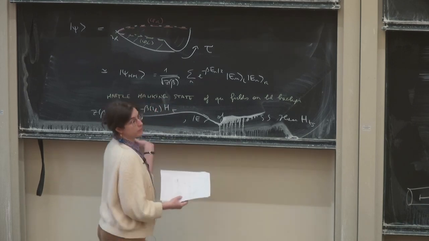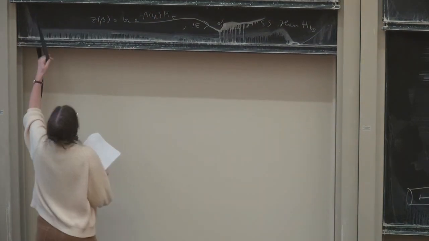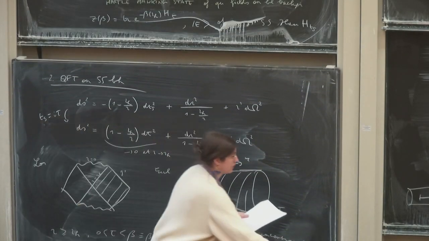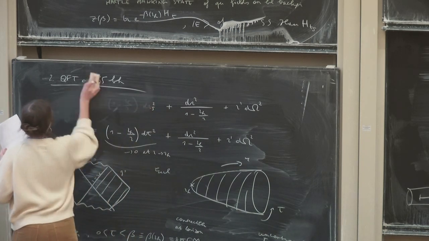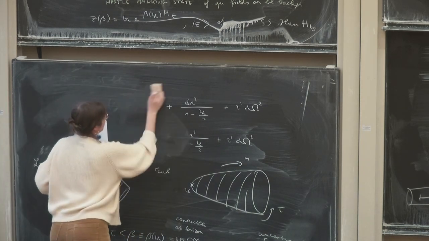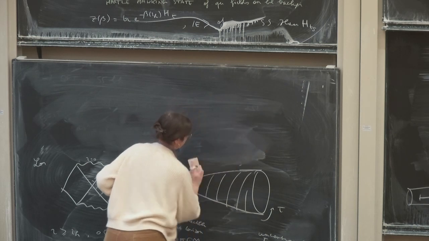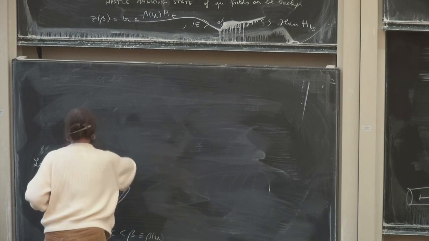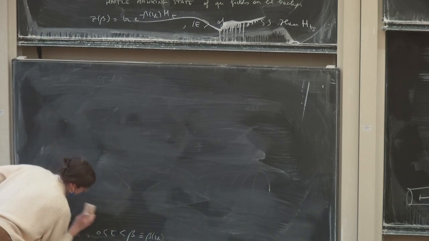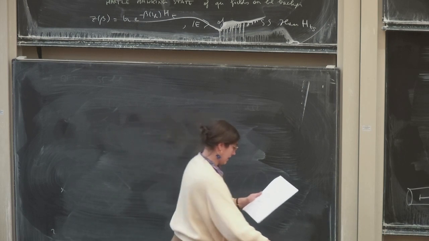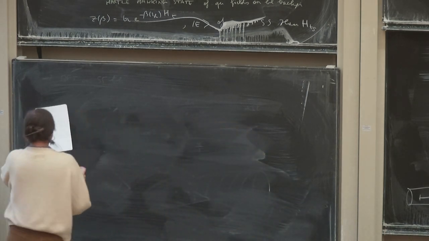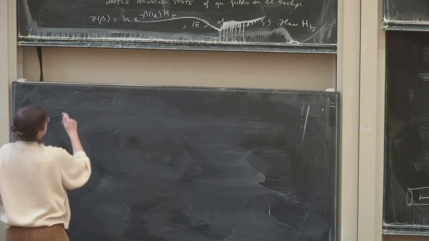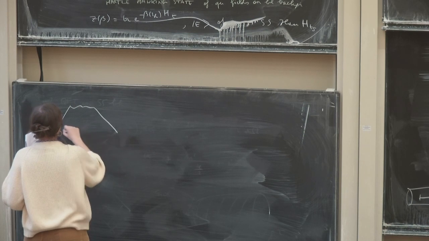So 2 minutes. So again, you can write Euclidean and Lorentzian evolution. Where's my Lorentzian picture? It's already gone.